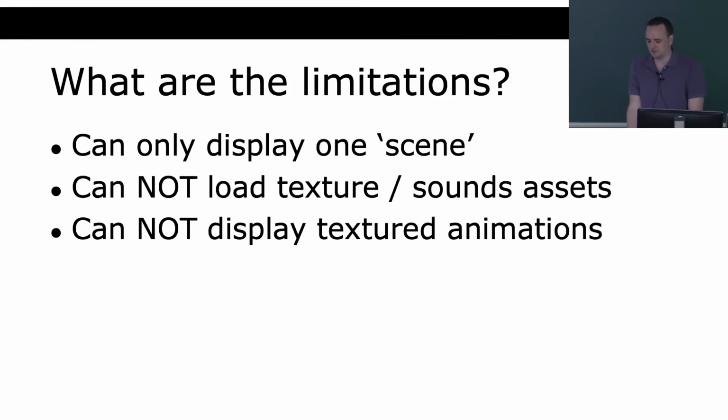It could not display any textured animations. So what it could do is you could have a static shape that was being drawn to the screen, and then you could do things to that shape to sort of mimic some sort of animation, right? Animation, again, doesn't really exist in a discrete sense. If you've ever watched a movie, it's just a set of still images that tricks your brain, if it's fast enough, into thinking it's motion.